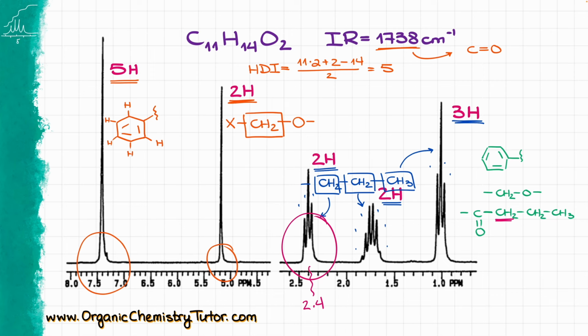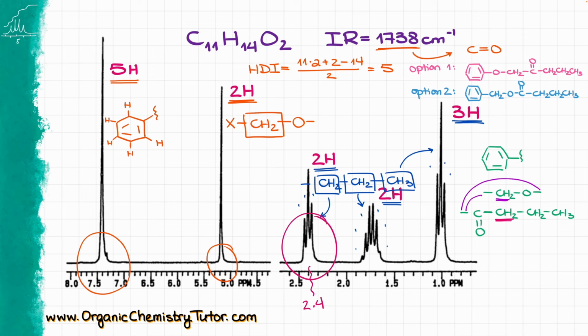Then I know that my other CH2, this guy, which is our huge singlet on the left, cannot have any neighbors, which means that I can either put that next to a carbonyl, or my oxygen can be connected next to a carbonyl. So there are two options how I can put it together and then cap it off with my aromatic ring.